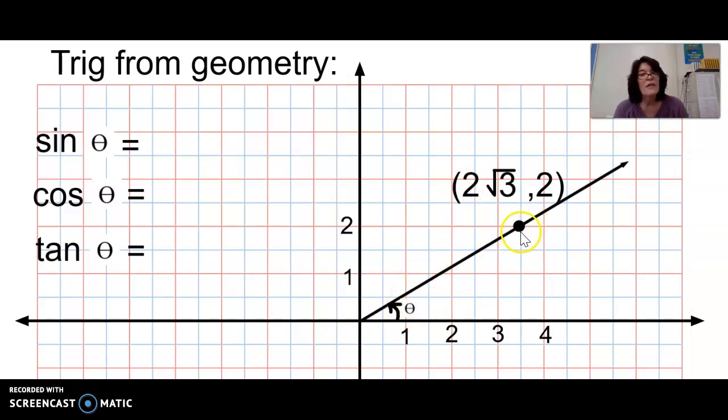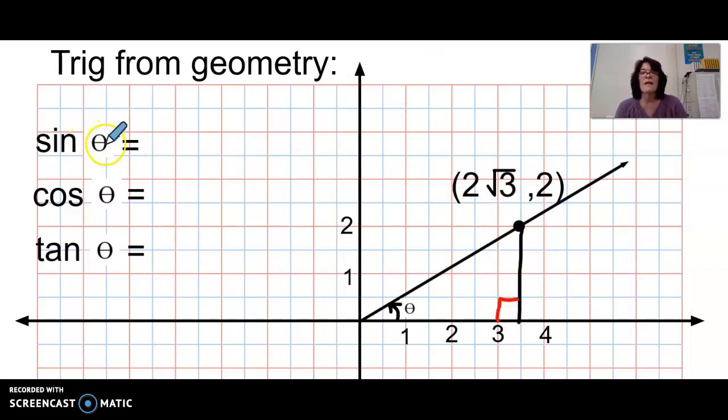What we did in geometry is we looked at these ratios of sides, which you learned are sine, cosine, and tangent. I'm going to make this a triangle, just so it looks like what you're familiar with from geometry. This is a right triangle.